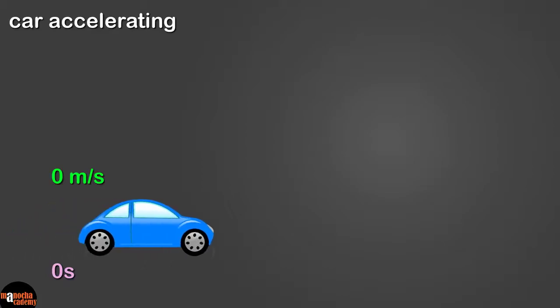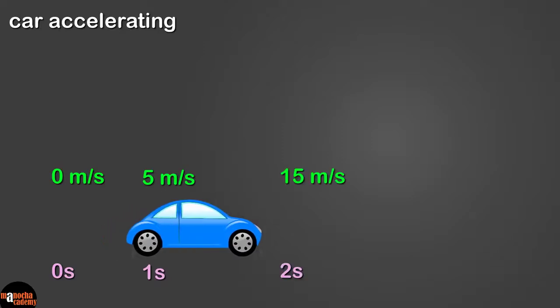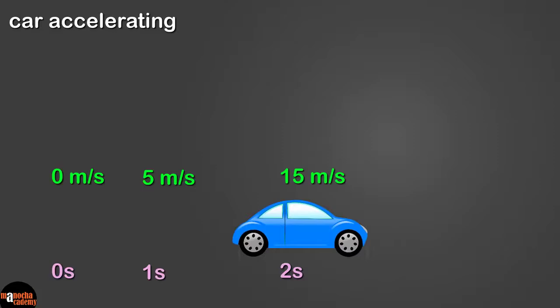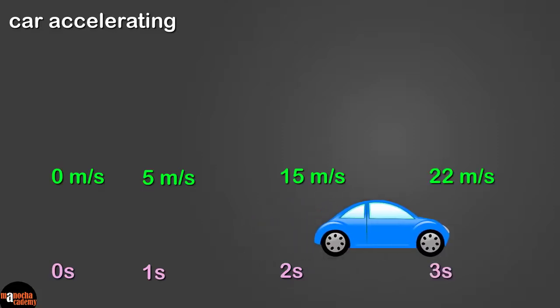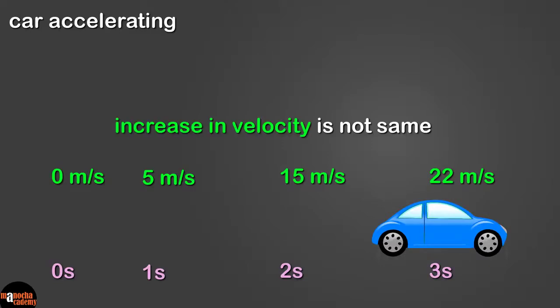Let's say after 1 second, the velocity is 5 meter per second. After 2 seconds, the velocity increases to 15 meter per second. And after 3 seconds, the velocity is 22 meters per second. So can you see that every 1 second, the increase in velocity is not the same? Because in a practical scenario, it's really hard to accelerate the car at a constant rate.